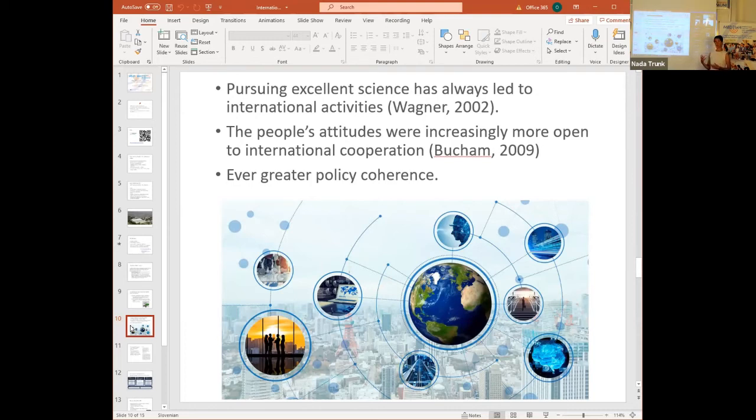Foreign policy is increasingly looking at what it can do, and it's engaging scientists in it, which is a bit controversial, but also science policy is trying to expand, not least for funds, and these two policies are coming together.